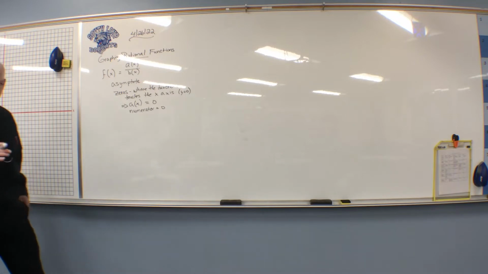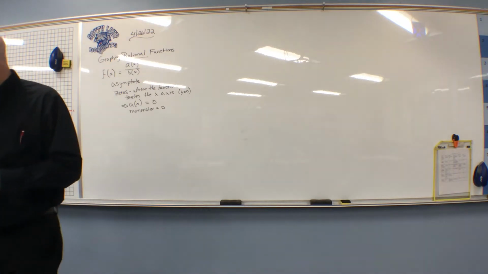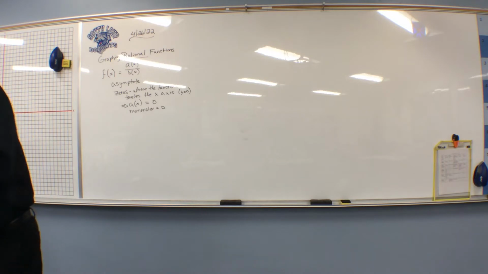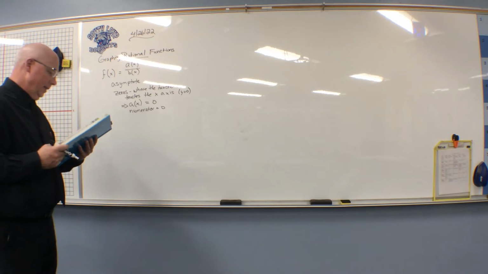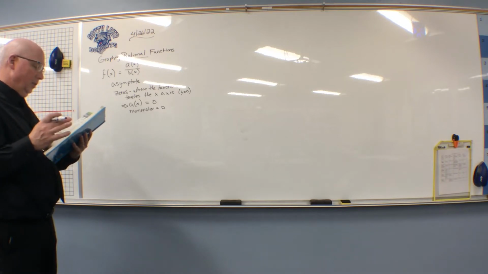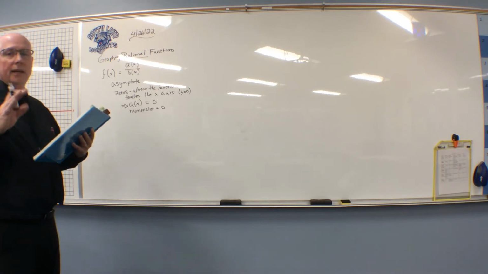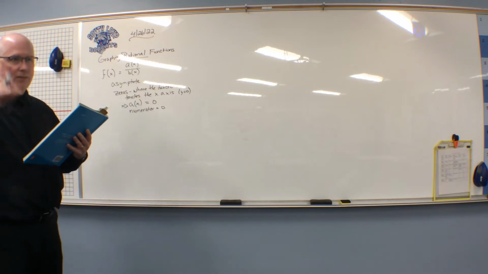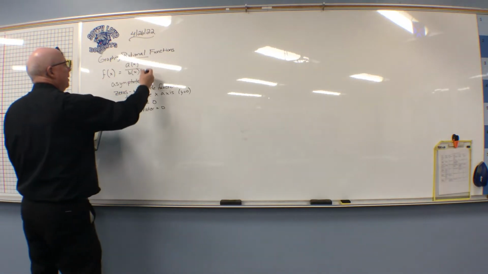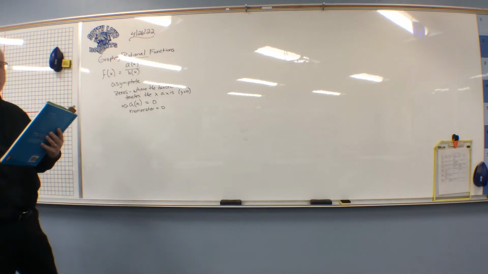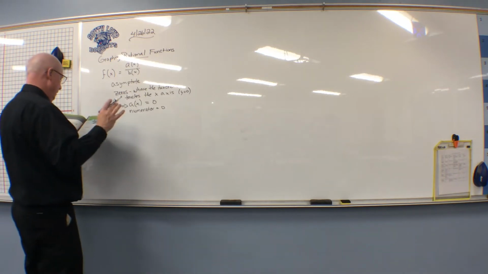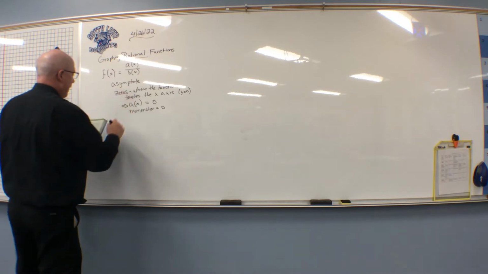It's a function, okay? All right, so if you look at that chart on page 491, it says, if f of x equals a of x over b of x, and a of x and b of x are polynomial functions with no common factors, that means you can't cancel. That means these two don't have anything in common. If they have something in common, you can cancel. Here's how you get the asymptotes.